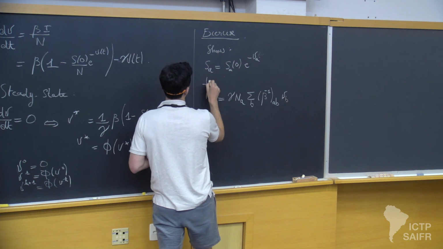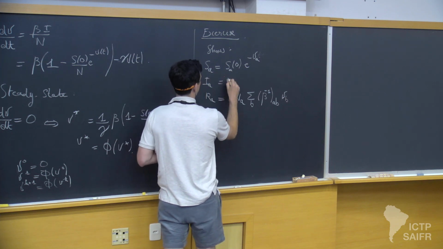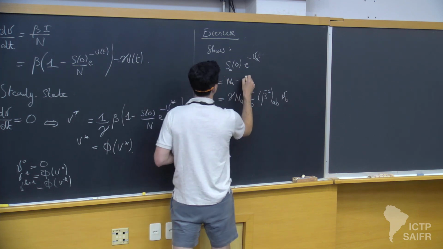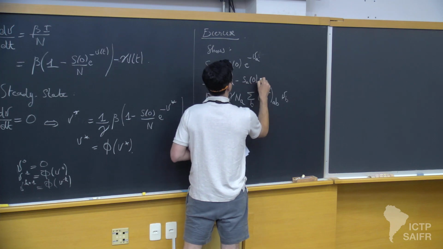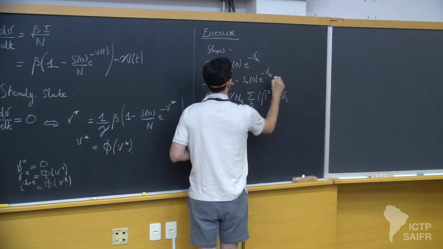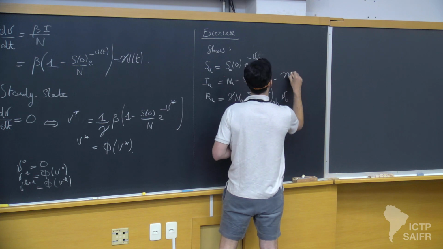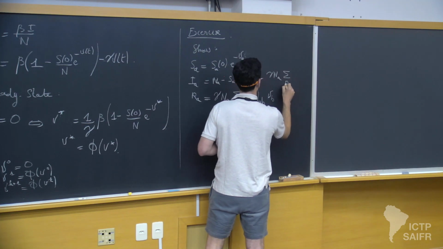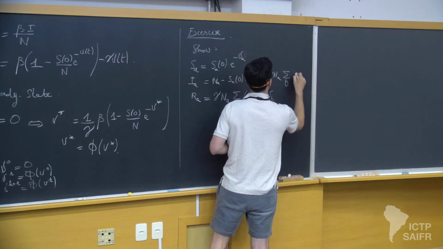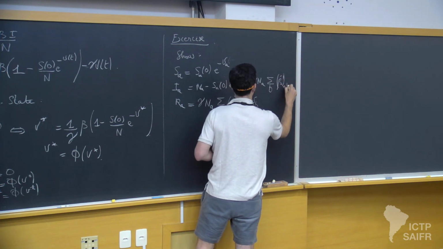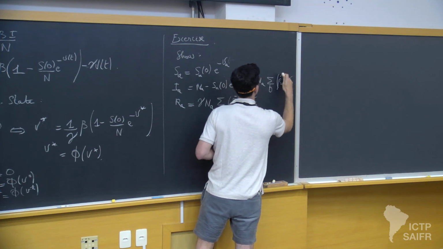And then you have I_A equal to N_A minus those two terms, so minus S_A0 exponential of minus nu_A, minus this one, gamma N_A, sum over B, beta inverse AB, nu_B.